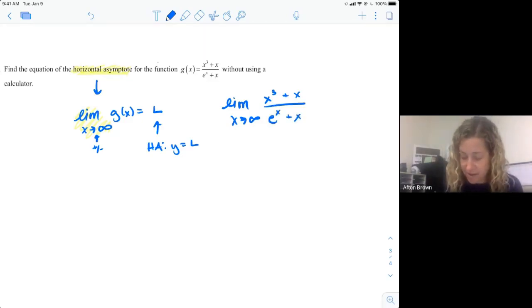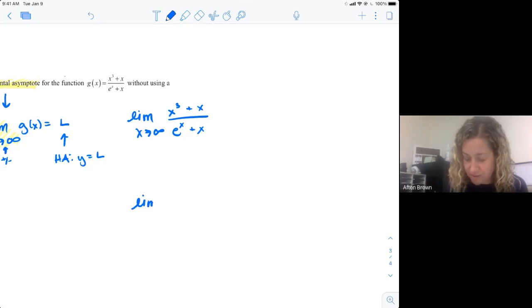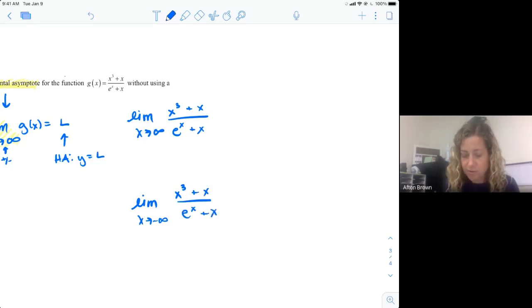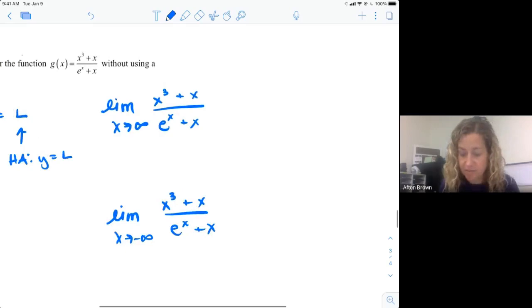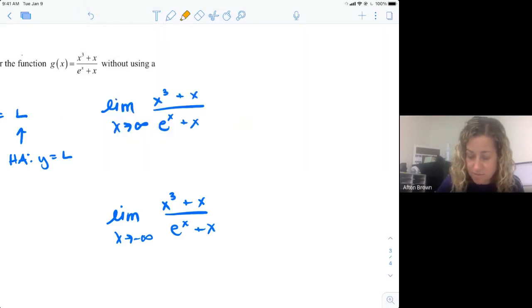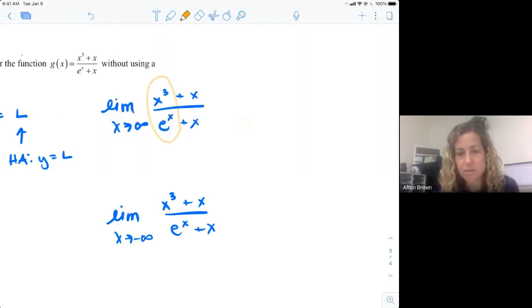Okay, so we're going to have to consider that. We will also have to consider the limit as we go to negative infinity, because sometimes we have different horizontal asymptotes. So if we plug in a large value, this is where we can consider end behavior. End behavior is these leading terms. Which of those is growing faster, x cubed or e to the x?